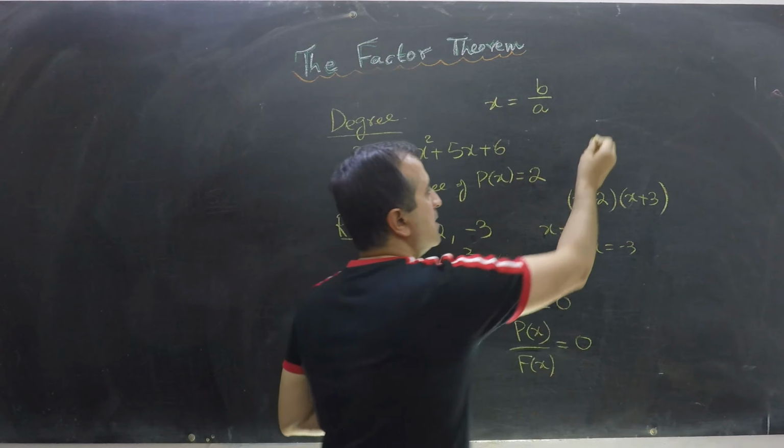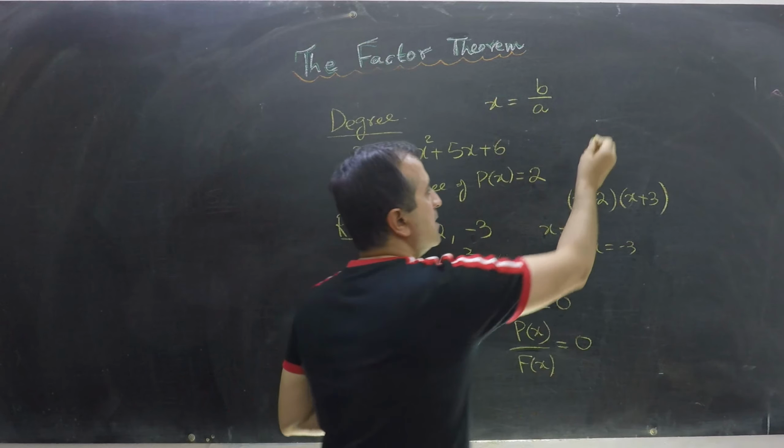Before we attempt this question, let's discuss the steps. First of all, to find two unknowns, we need two factors. But we are given only one factor polynomial. But this polynomial has degree 2.